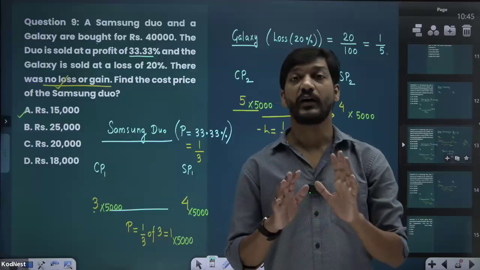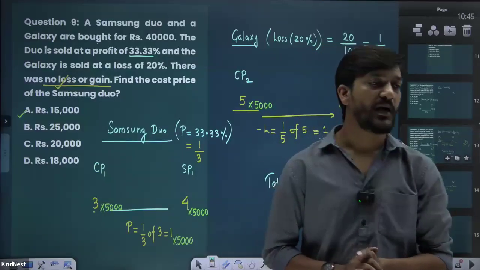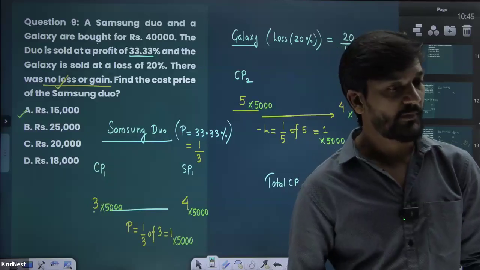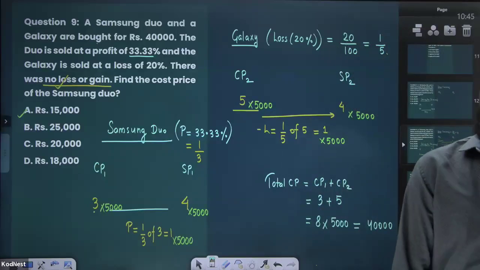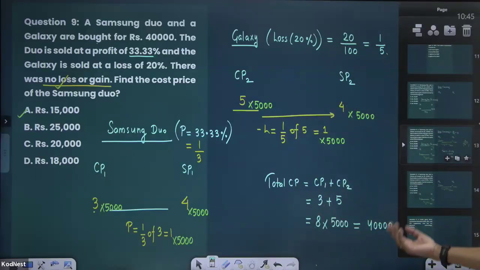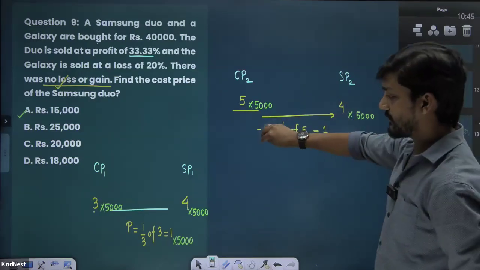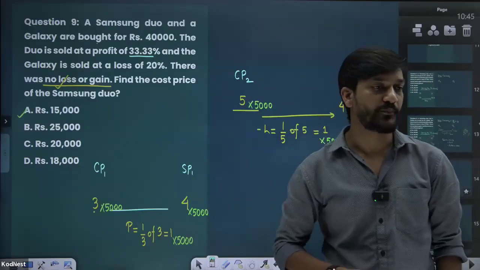No, you have to do very roughly in the exam, and you don't have to write neatly also in the exam. Okay. So don't copy how I'm writing. Try to write this much or even less than this.